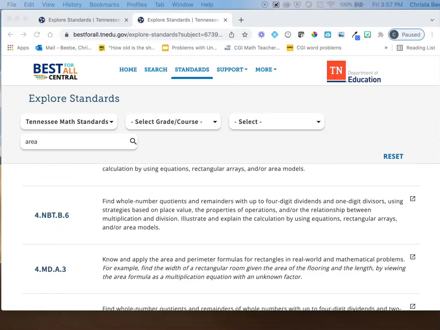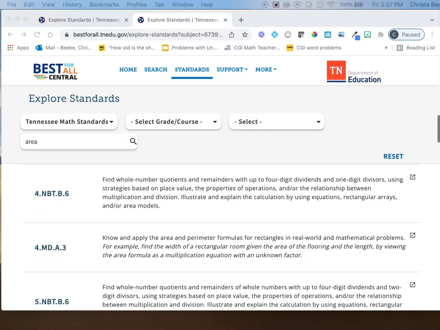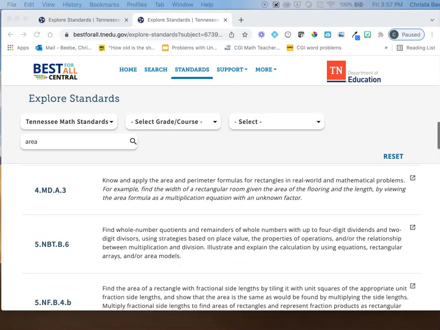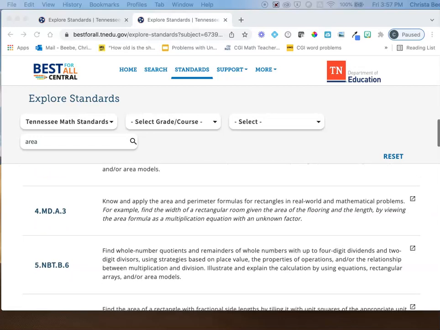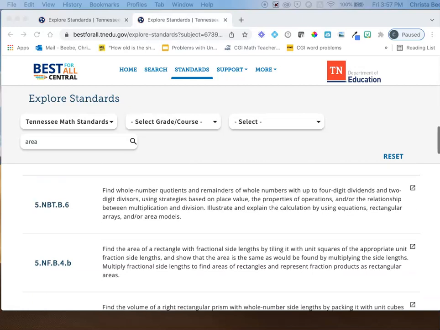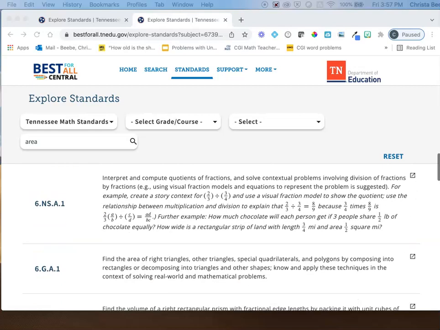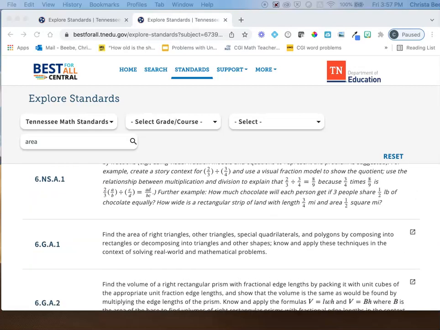I also noticed that by 4th grade, they are multiplying 1 digit by 4 digit and 2 digit by 2 digit numbers when finding area. So I can figure all that out by clicking on these standards and reading more. When I get to 5th grade, they are working on area with fractional lengths. So that's kind of the progression of what they do with area, and I can find all that information on this website. So I'm going to go ahead and click on the standard that was listed for this worksheet.